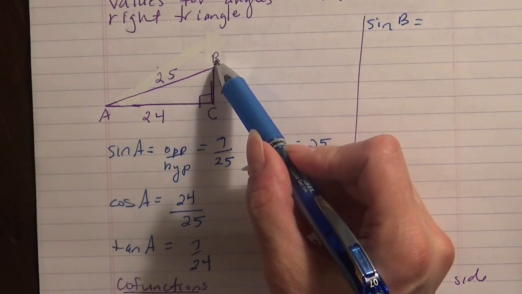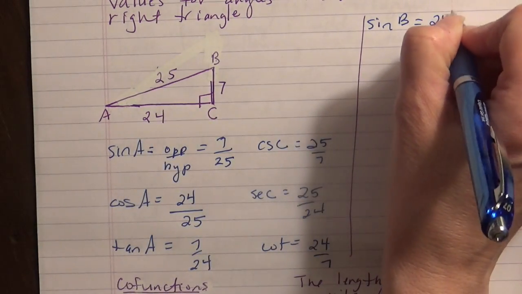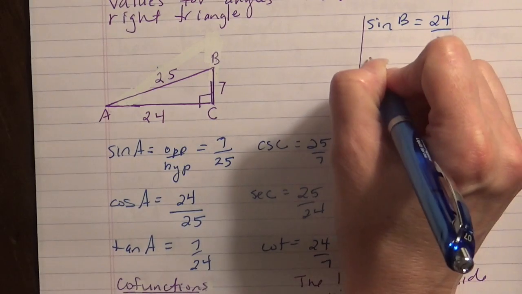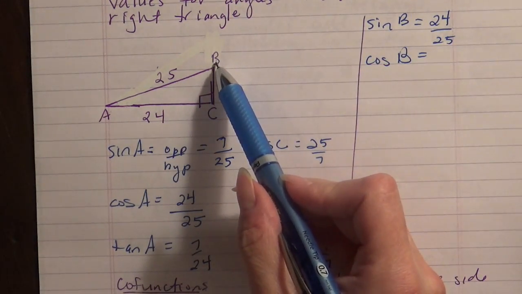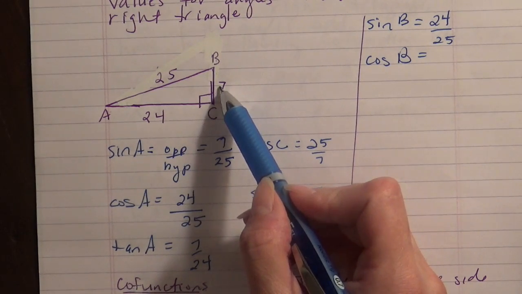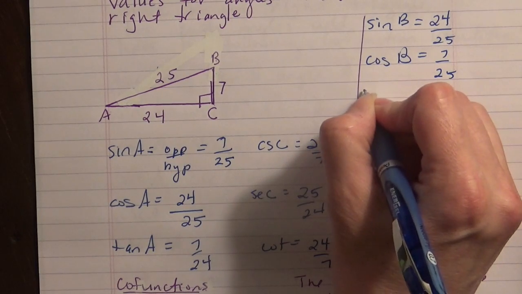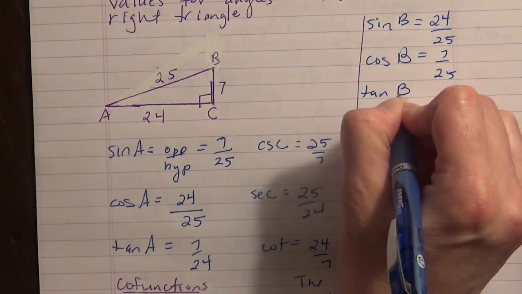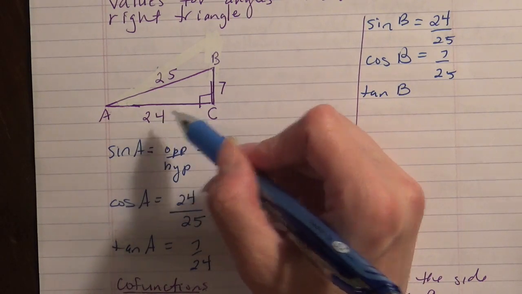Opposite angle B would be side 24, so 24/25. Cosine of angle B is going to be the adjacent side 7 over the hypotenuse 25. Tangent of B is opposite over adjacent, so 24/7.